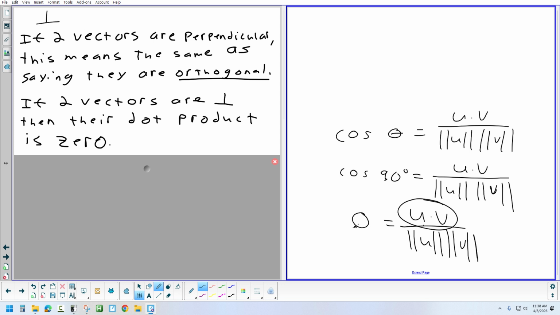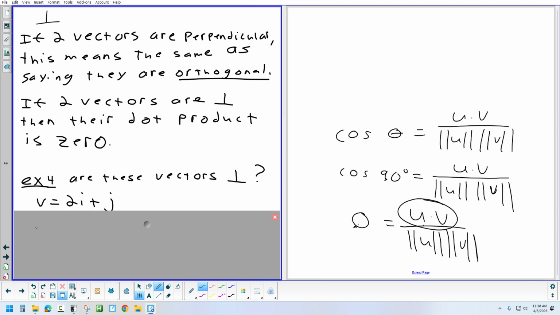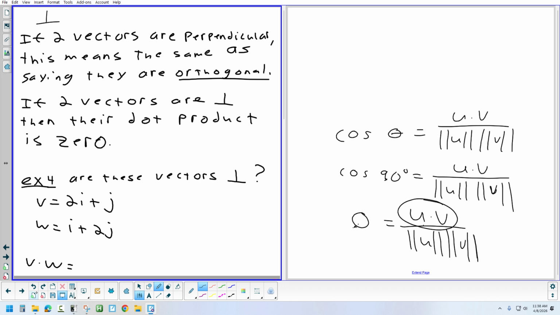It's the only way you could get a 0 on the left. Okay, so it's really quick to determine if two vectors are perpendicular. If the dot product is 0. That's it. So let's look at these two vectors and let's see if they are perpendicular or orthogonal.